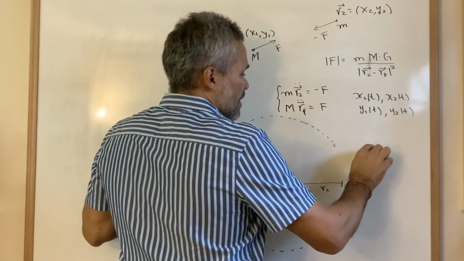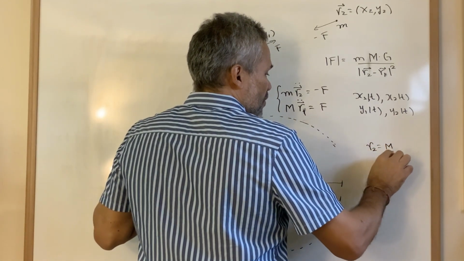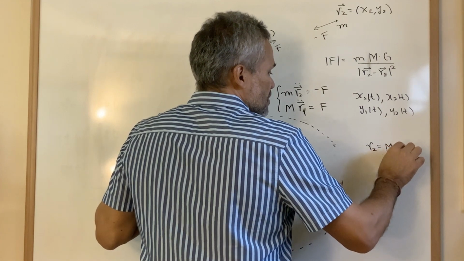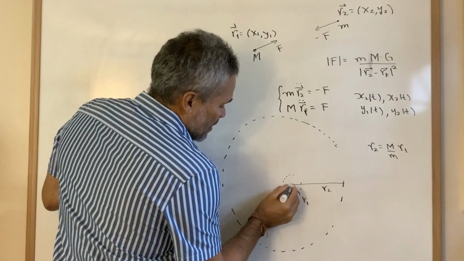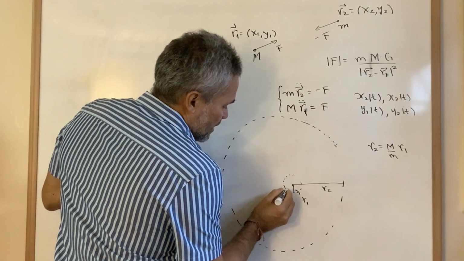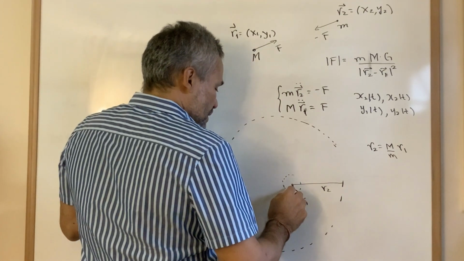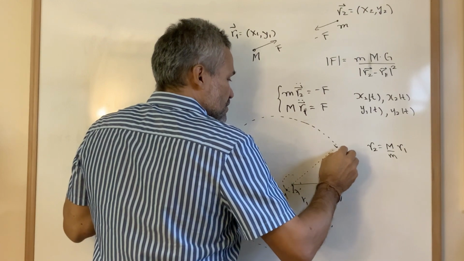The connection between R2 and R1 is that R2 is capital M over little m times R1. And this motion has the property that if the body with mass m is here, the other body is diagonally opposed to that one, then it is going to be here.